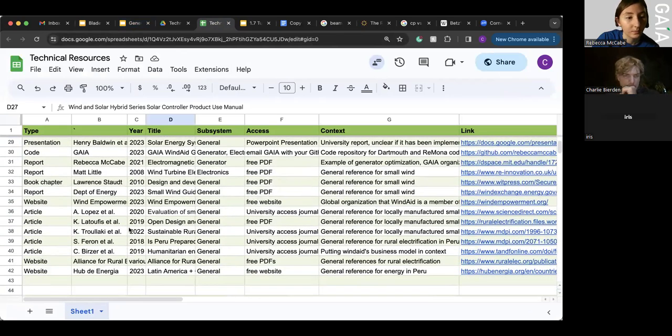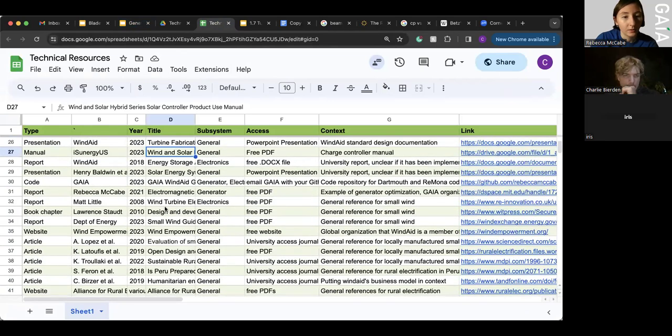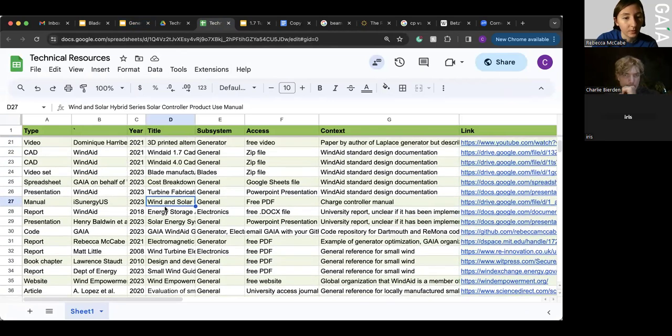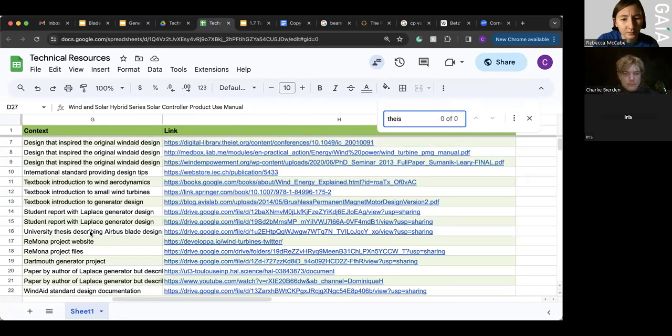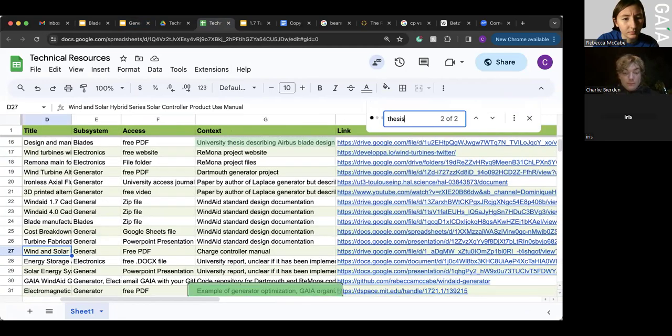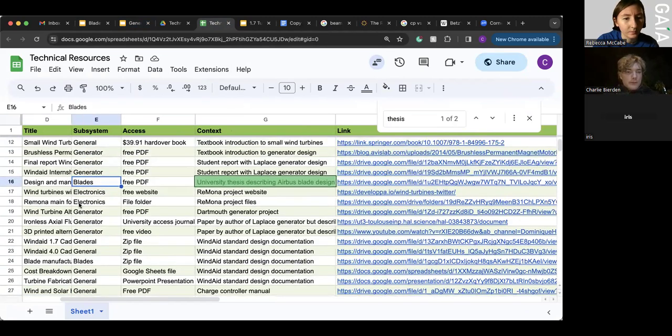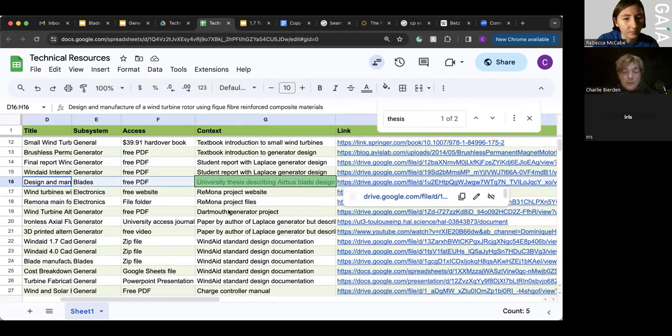Yeah, I just want to double check. The thesis one. Yeah, specifically Control F in there for thesis, and it'll come up. Yep. So right here, number 16.